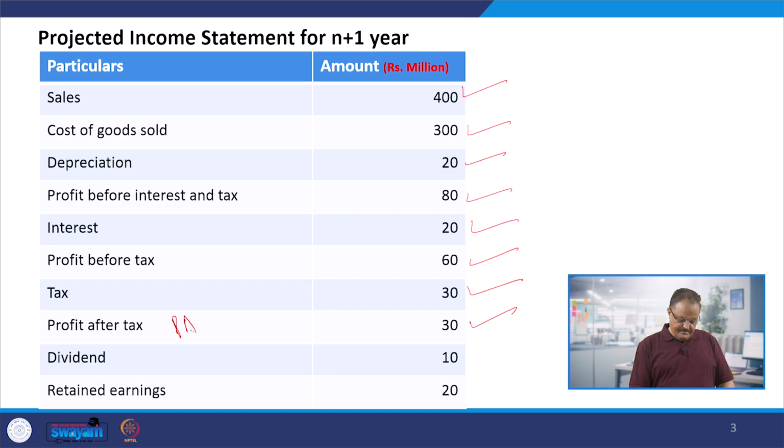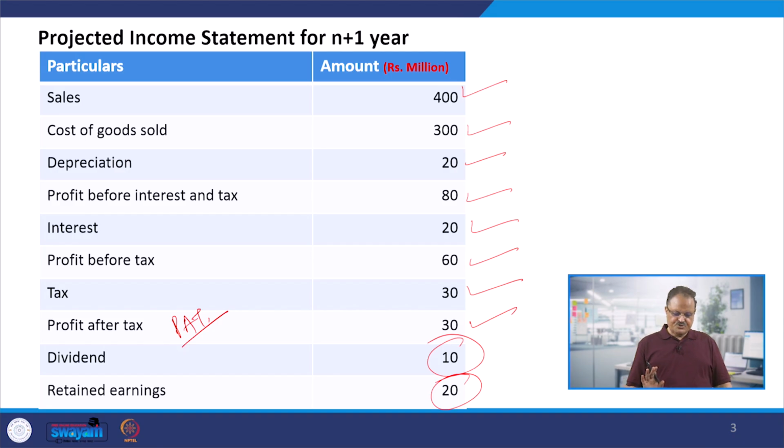Out of this PAT, a small part, 10 million rupees, is proposed to be given back to the promoters, and the larger part, 2/3, that is 20 million rupees, we are going to retain as retained earnings, because we need these funds for the business.